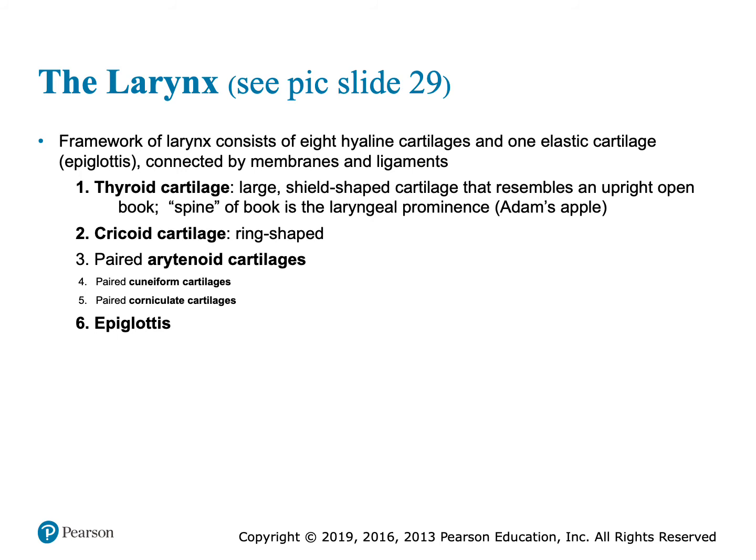That is called the thyroid cartilage. Now, underneath the thyroid cartilage is a ring-shaped cartilage, and it's called the cricoid cartilage. Most of the rings of the trachea are C-shaped. They're not complete, but this cricoid cartilage goes all the way around as a circle.